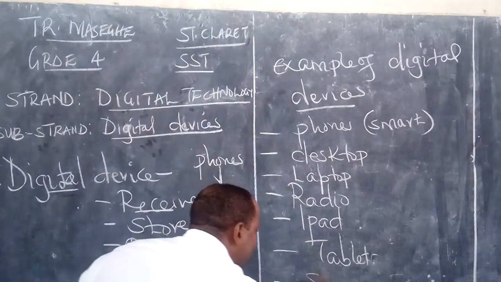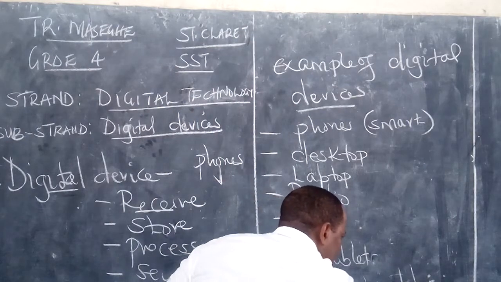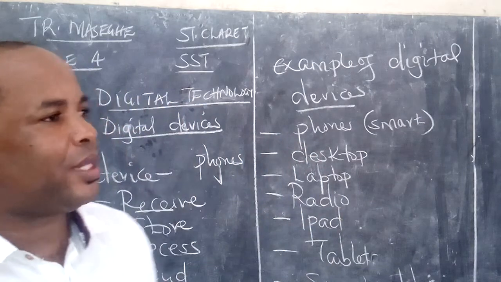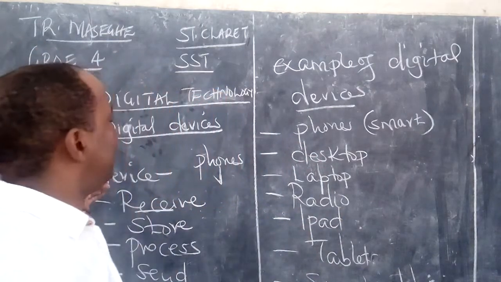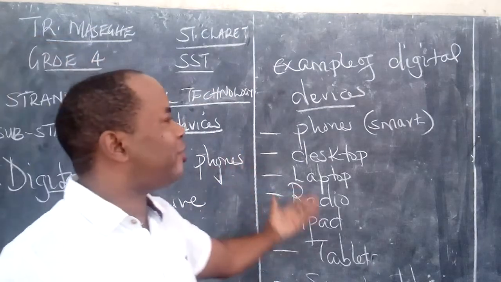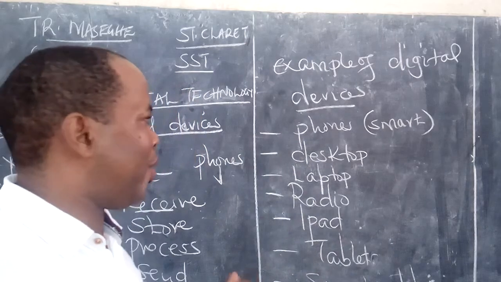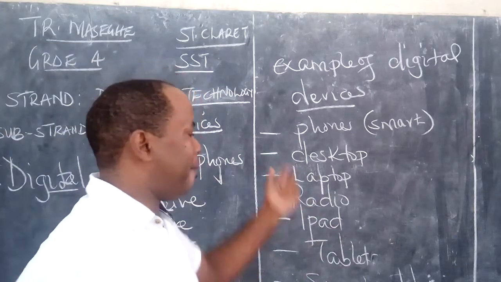Now, we also have what we call smartwatches. We have smartphones and smartwatches. They are all digital devices. So if you're asked to name some of the digital devices that you know, these are some of the digital devices that you are supposed to name.